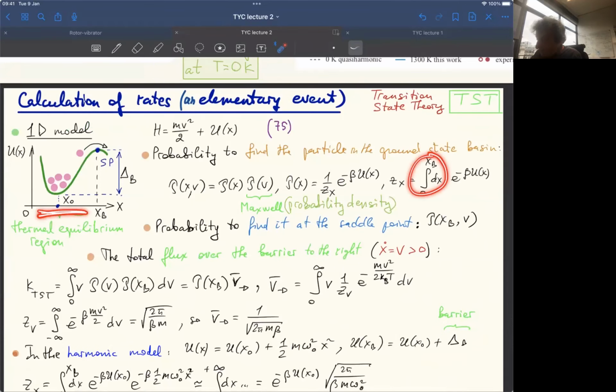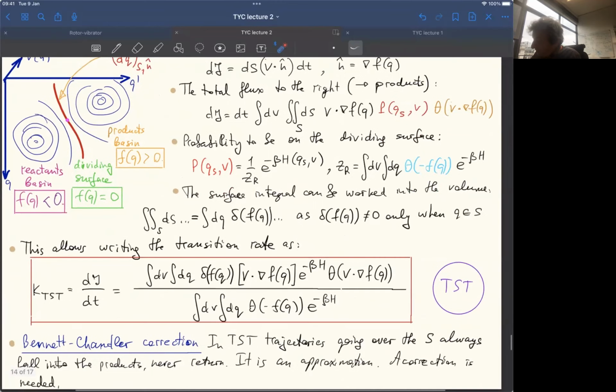So we do the same here. We integrate over the reactant basin, when this function f we introduced is negative, so minus f is positive. Of course, the integration over the dividing surface can be extended to the integration over the whole space by introducing the delta function of that auxiliary function f.